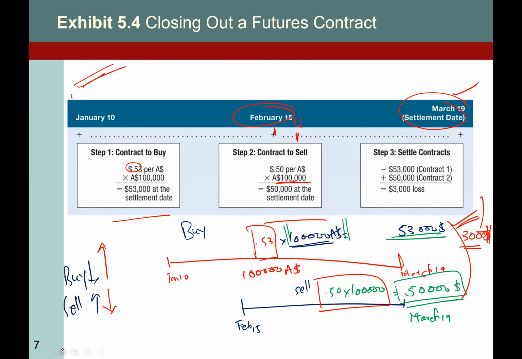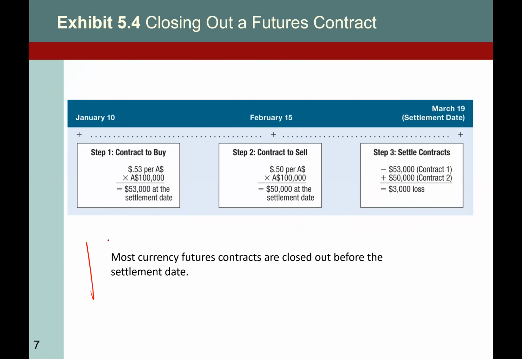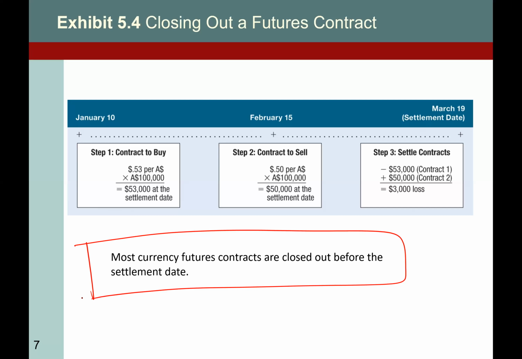So the normal practice, let me just clear this ink, is that most currency futures contracts are closed out before the settlement date. If both parties agree, why wait till March 19? You can just close it out.